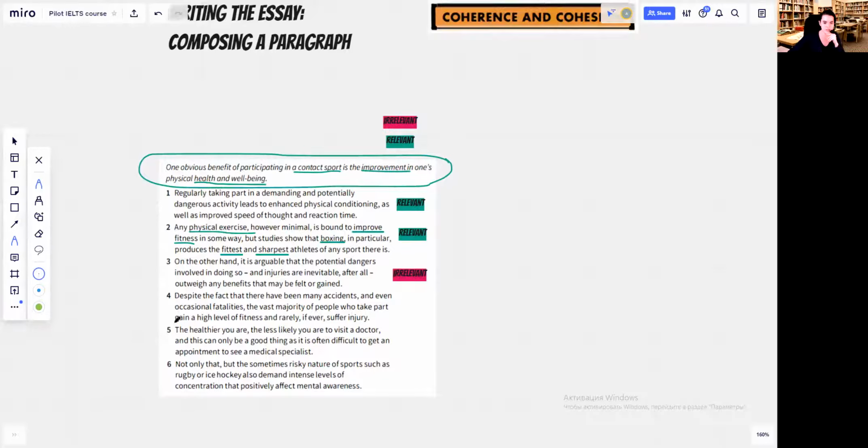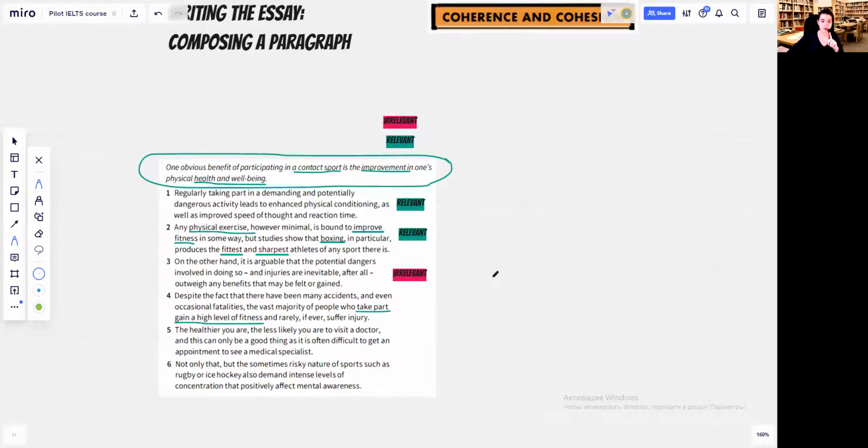people who take part gain a high level of fitness. Gaining a high level of fitness refers to improvement of health and well-being. People who take part obviously refers to people who take part in this kind of activities. And they rarely suffer injury. So it does mention some of the points.